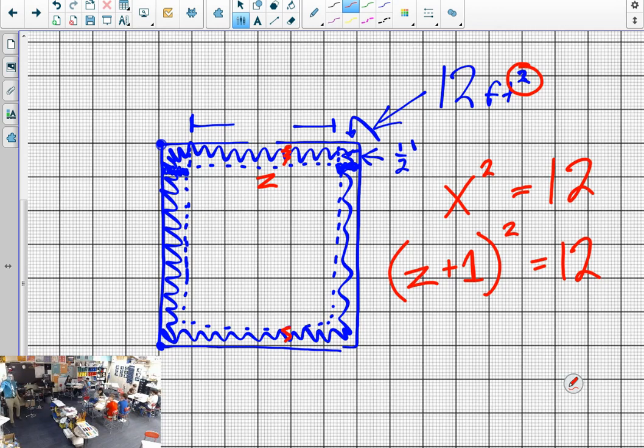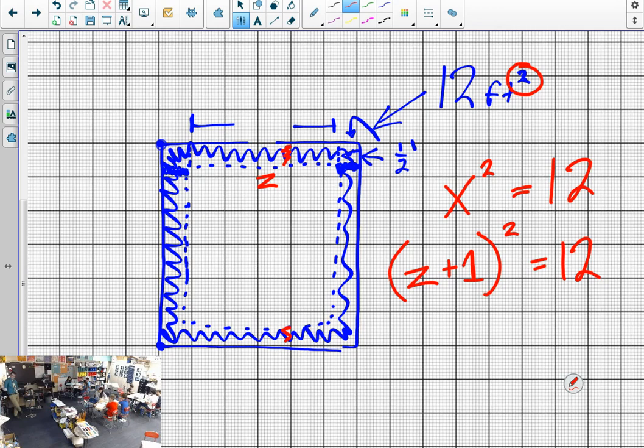We don't know what this is across the middle because the only other thing given to us is feet squared, the area. So we set up the area of the square as 12, but we only know that the length is something plus a foot. Because this is feet squared, we need to be working in feet over here.